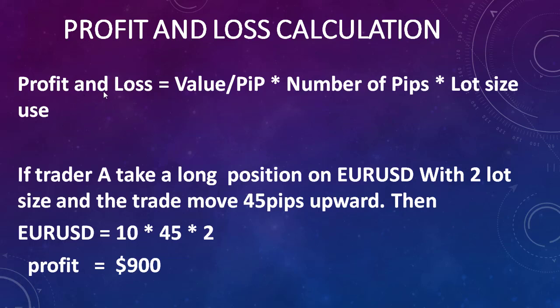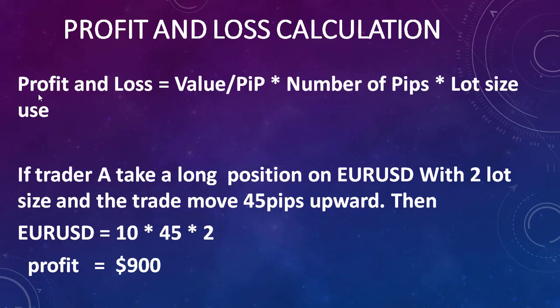So profit and loss calculation have the same formula, okay? We have value per pip multiplied by number of pips multiplied by the lot size used. The value per pip calculation I covered in my previous video, so check that video out, it's very important. Then the number of pips is the number of pips from your entry price to your profit target.